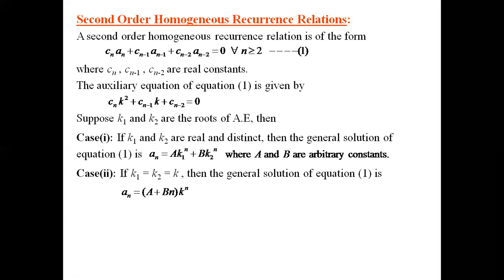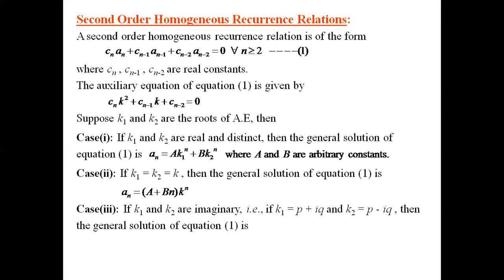It is a second order recurrence relation, so obviously two roots will be obtained. Suppose both the roots k1 and k2 are equal, they are equated to say k, then the general solution is of the form A plus B into n multiplied by k power n, where again capital A and B are arbitrary constants.